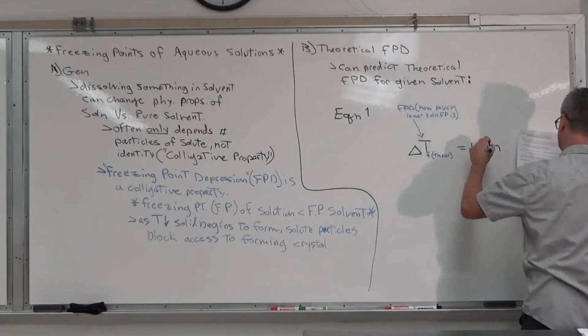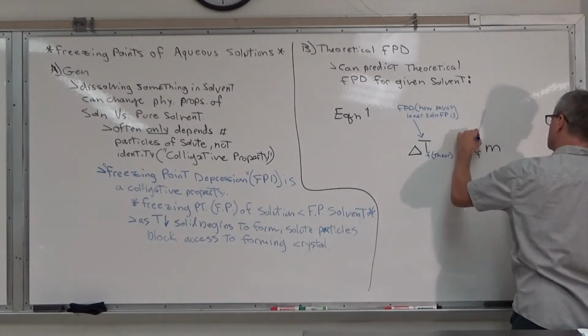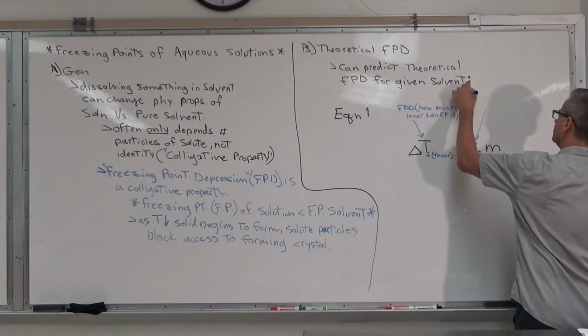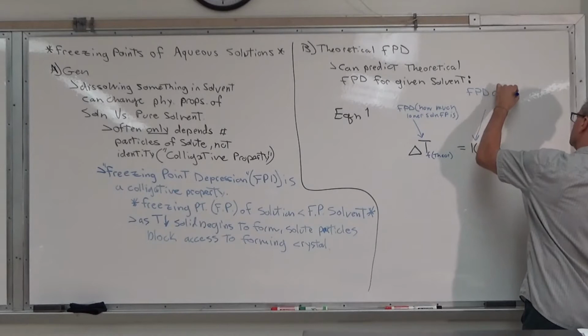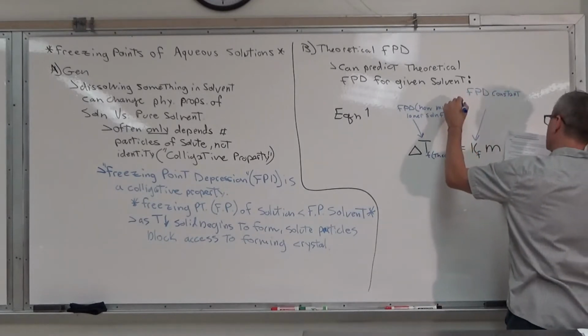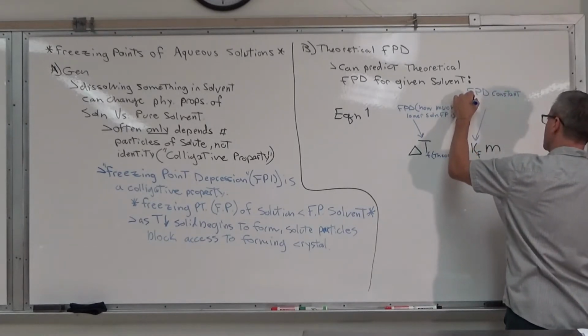Kf is the freezing point depression constant, specific to that solvent.